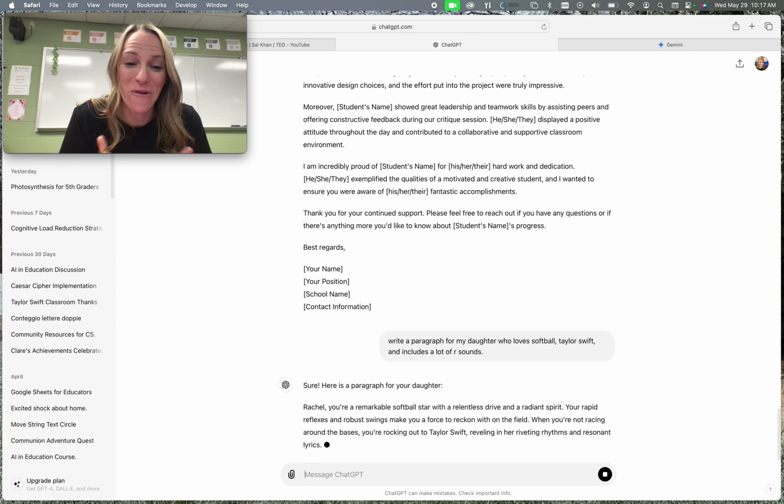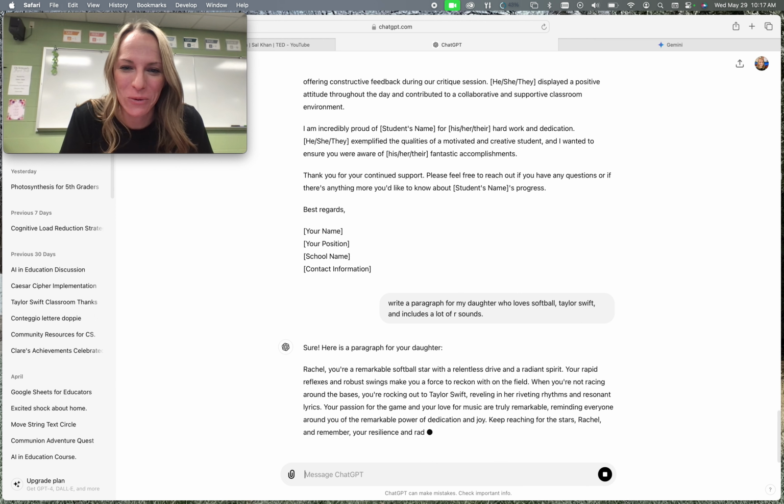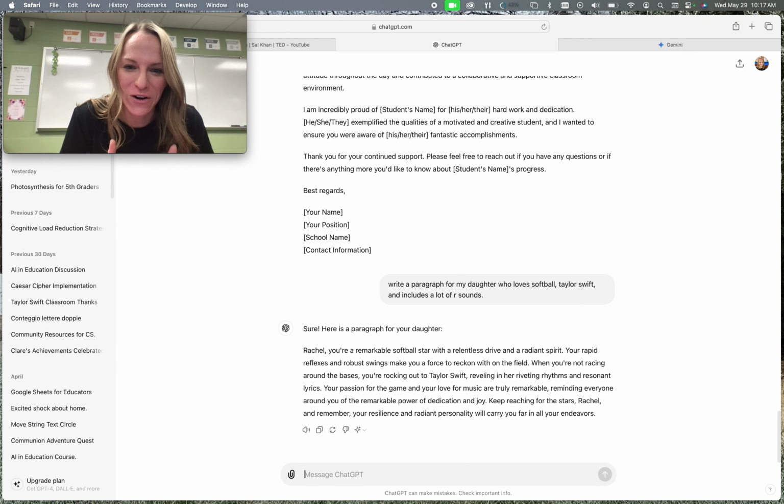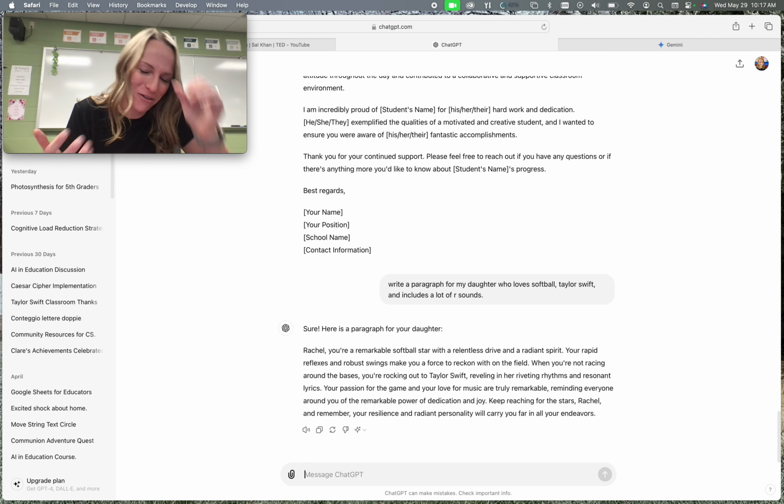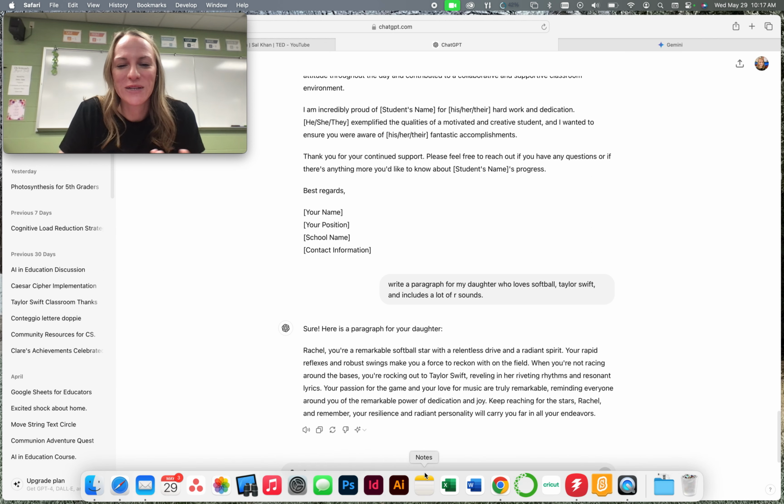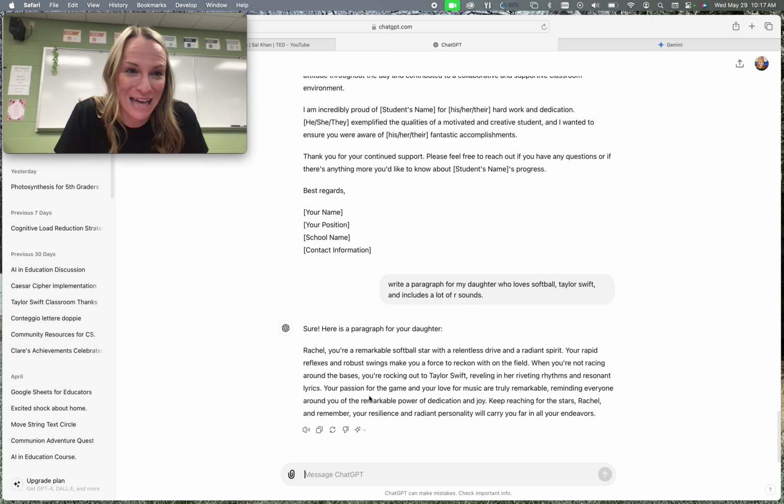So then already, Rachel, remarkable, star was a very hard word for her to say when she was younger, and even as she's working on it now. And so you can see how amazing that would be to create something for your students, for a kid in your class that needs an extra reading activity, an extra, specific activity that they would like to be able to do that has it geared to their interests.